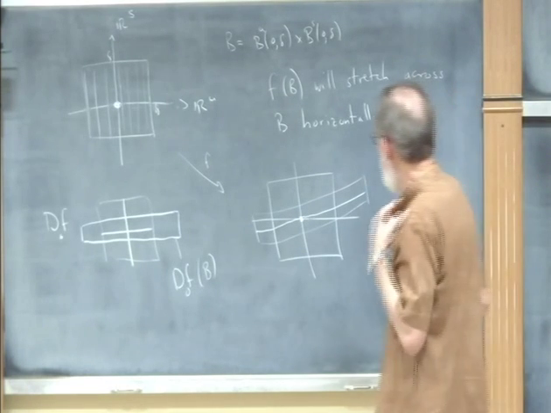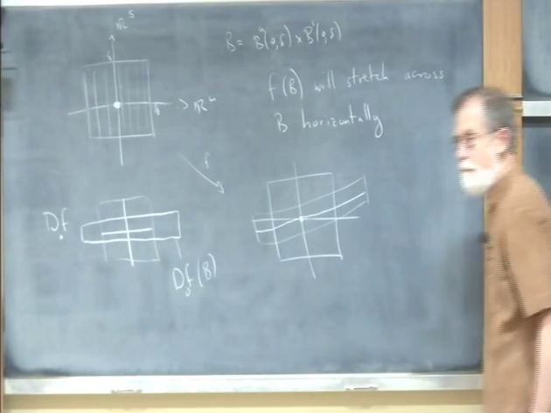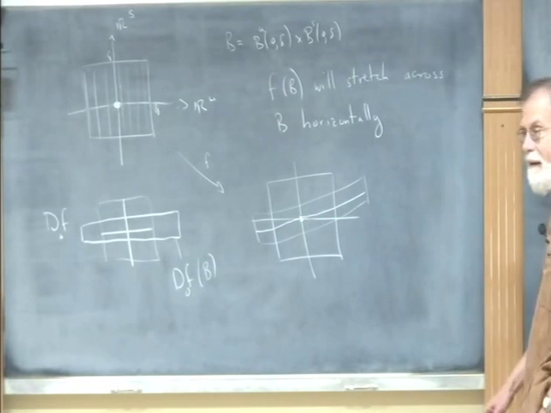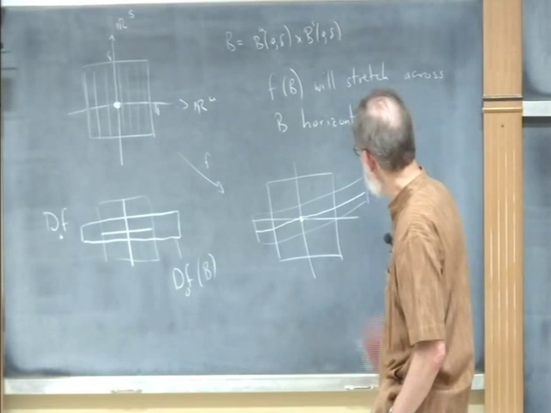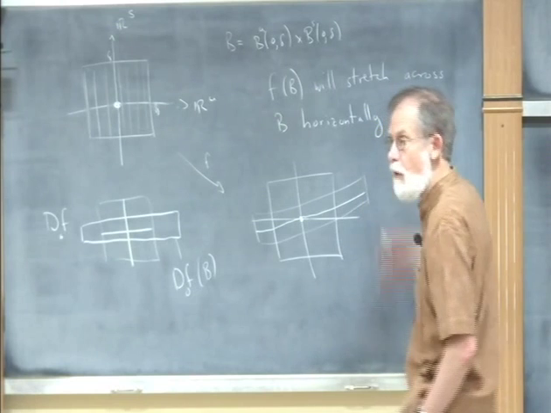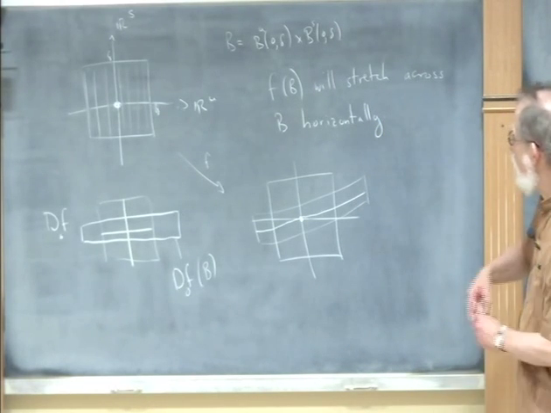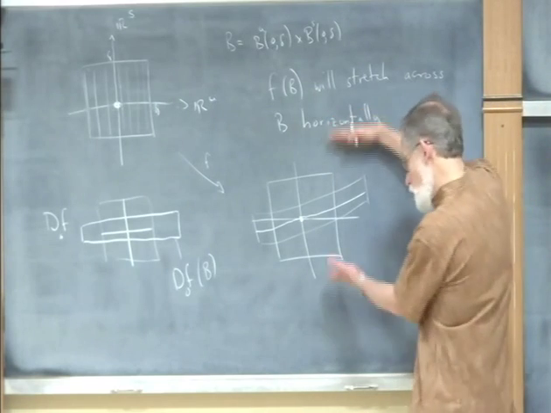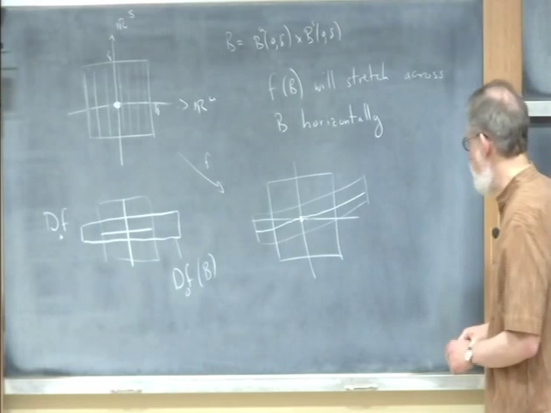And then once you have this picture, you can do it again. You can just keep iterating. And you're going to find that the box tends to collapse vertically and keep stretching out further horizontally.